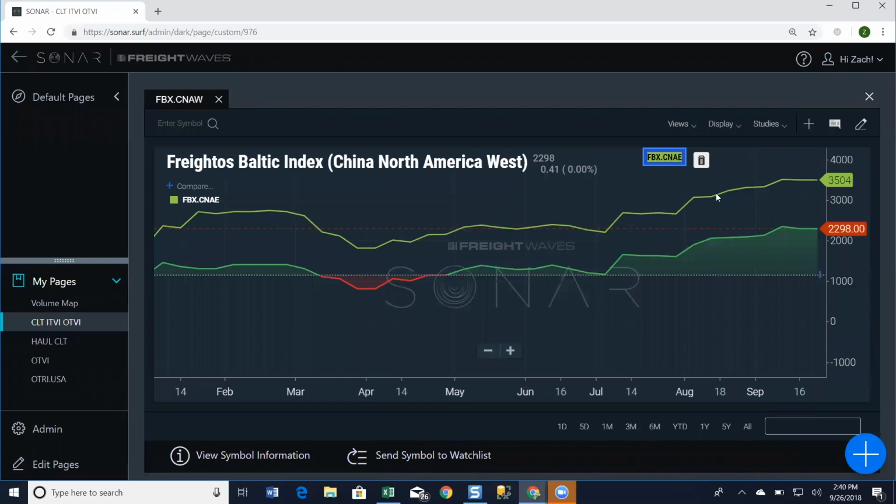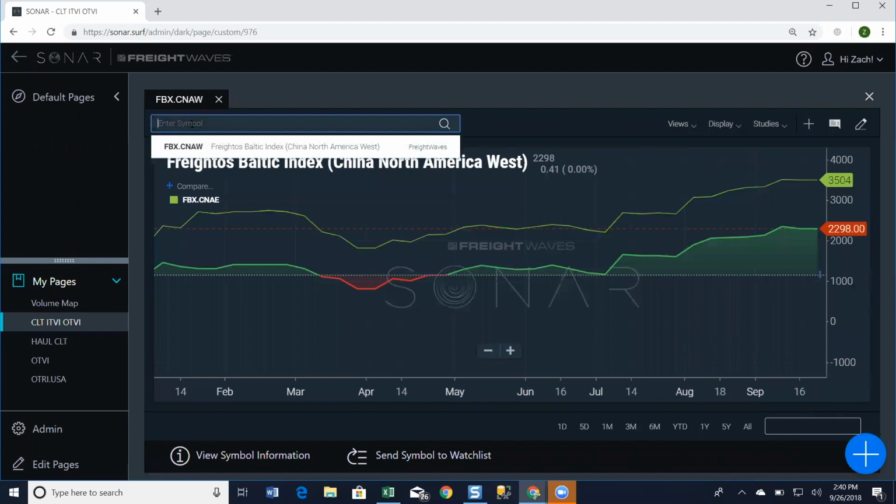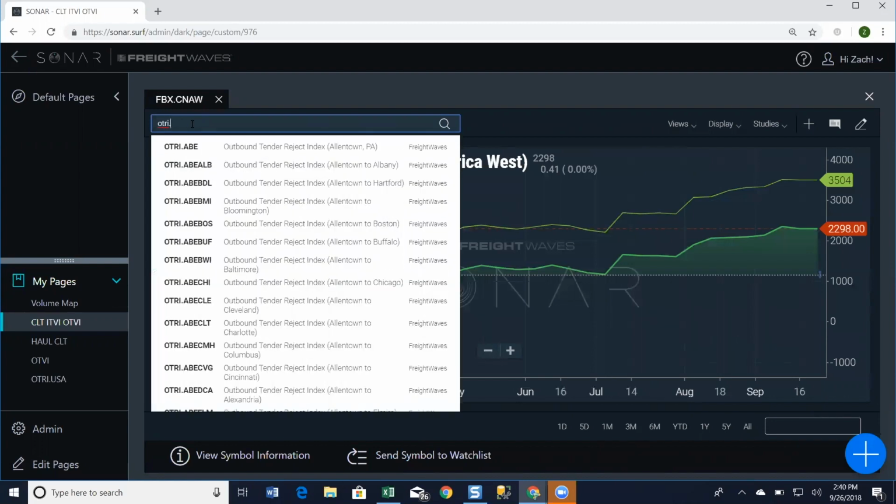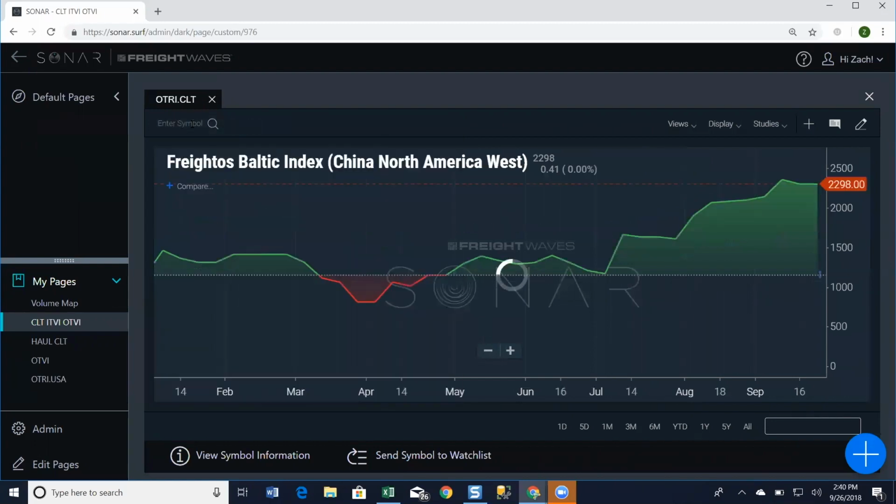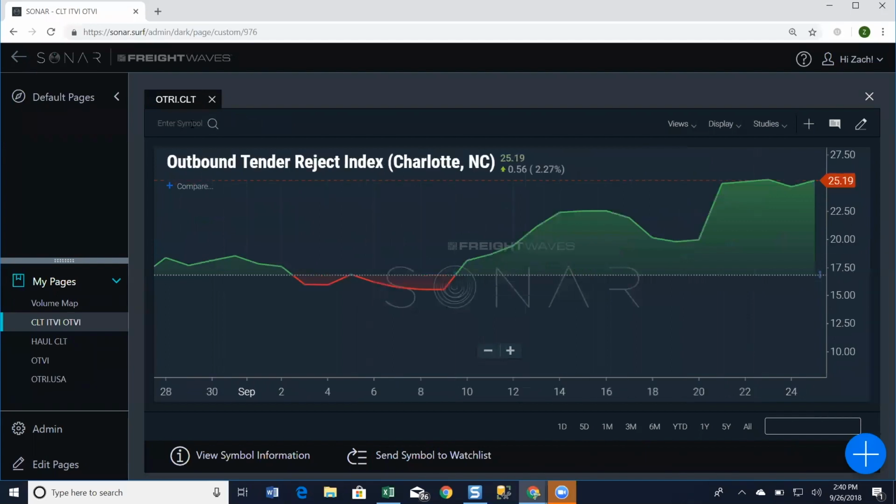Saying that tender volumes can be a precursor, if you're looking at OTRI.CLT, it's got a 25% tender rejection rate.